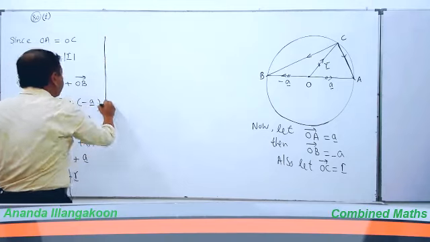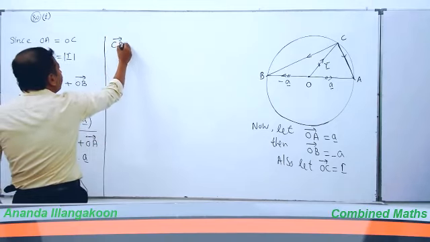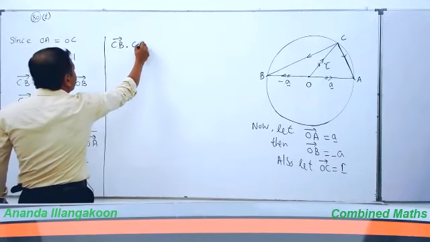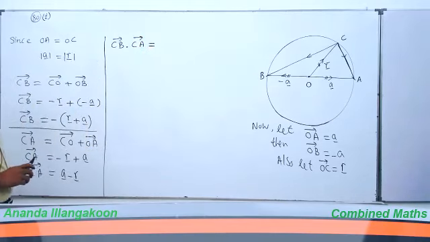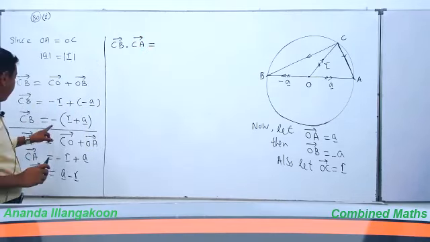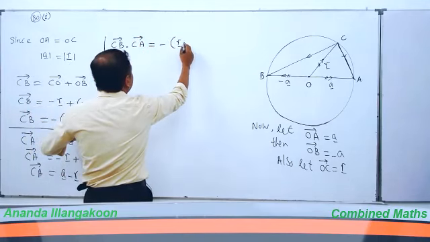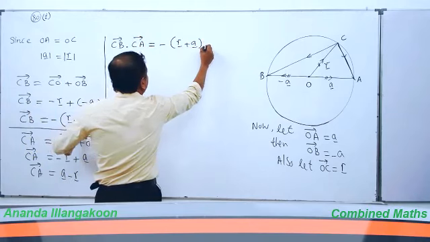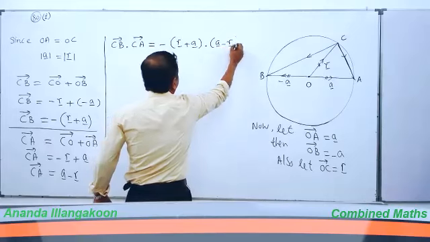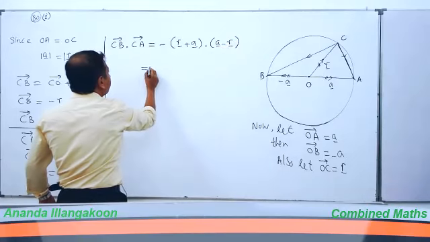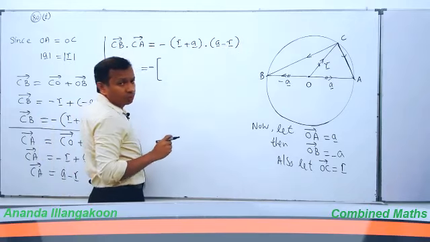Now what we do is, people, we take the dot product of CB vector and CA vector. CB vector is minus R plus A, dot, this is A minus R. I take this minus sign out. Now I use the distributive law property.